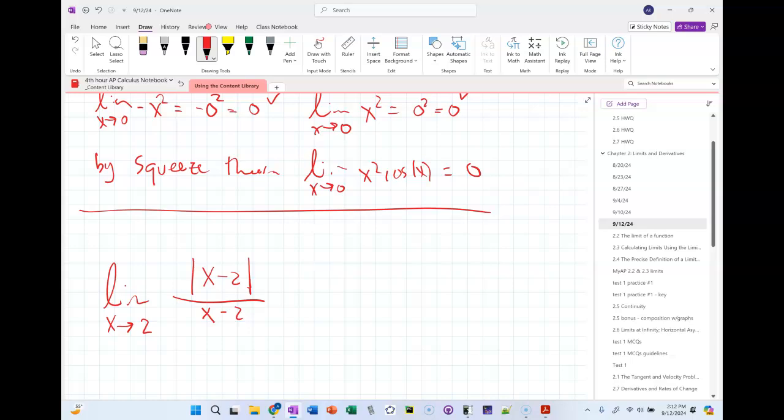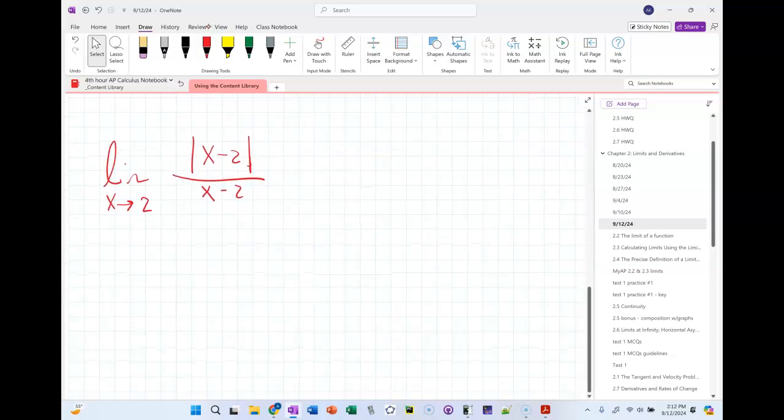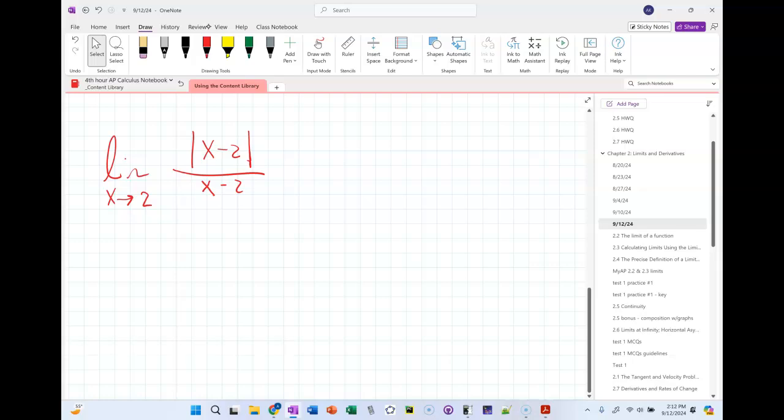Okay, here's the trick. We have to clear this absolute value. Who remembers the piecewise definition for an absolute value? If we just have the absolute value of x, when I plug a positive number in, what should come out?